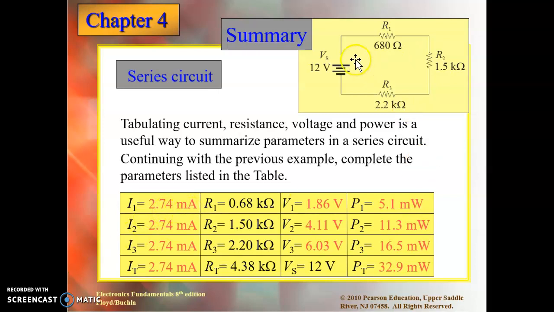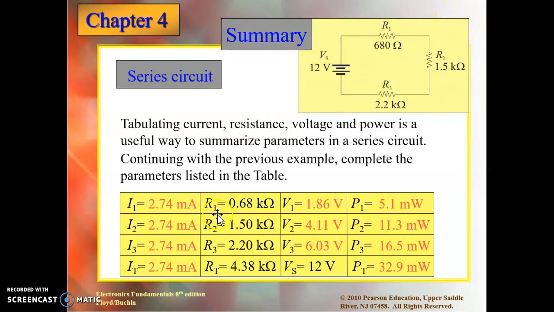But because they are connected in series, the current I1, I2, and I3 is the same as I source. So that's why I can use the fact that they are in series, so they are the same.